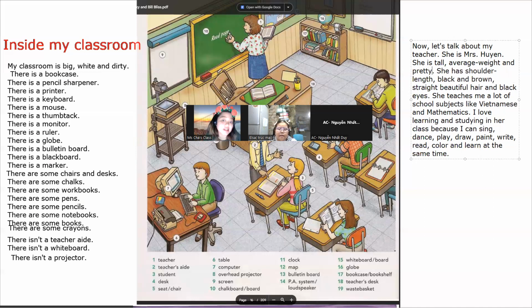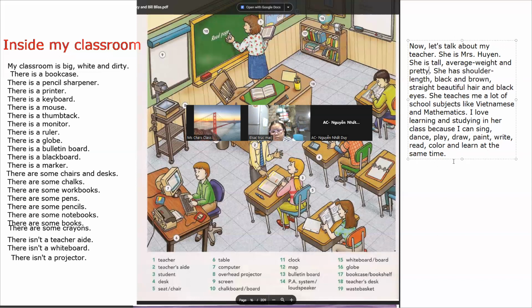It's the same, we just describe her with a different adjective, but the function is the same. It's just that when someone hears you, they know that you know a lot of vocabulary. She teaches me a lot of school subjects like Vietnamese and mathematics. I love learning and studying in her class because I can sing, dance, play, draw, paint, write, read, color, and learn at the same time.